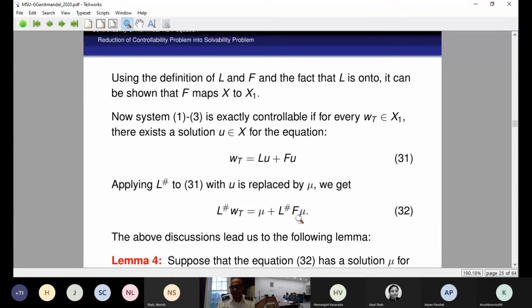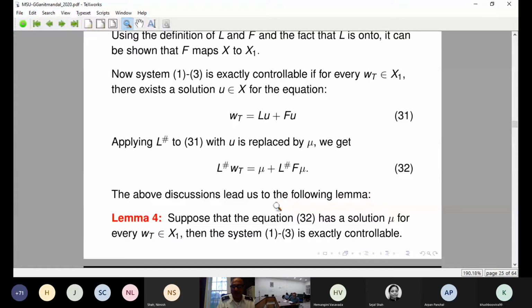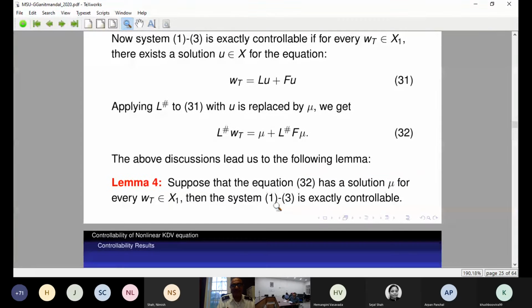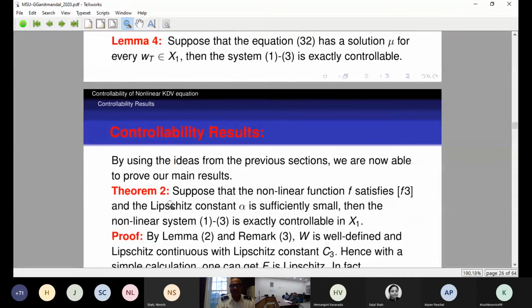So mainly I'm concerned about this part, L has F nu. But all this discussion, why we are doing this, leads us to this very important lemma: suppose that the equation has a solution nu for every WT in X1, then the system is exactly controllable. And that's what we are going to use for our main result.